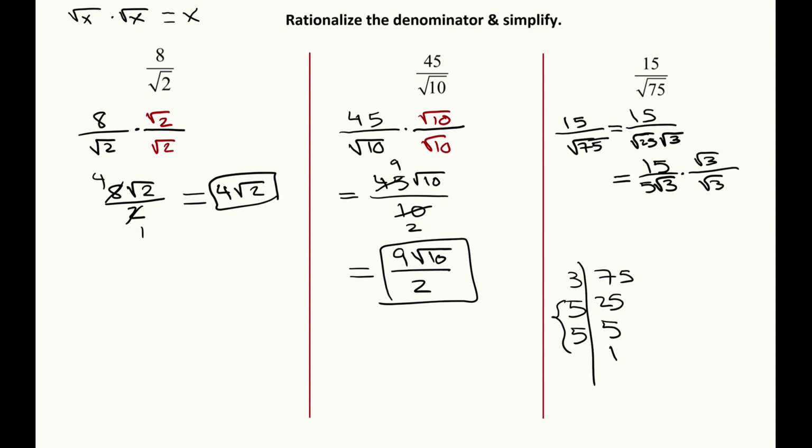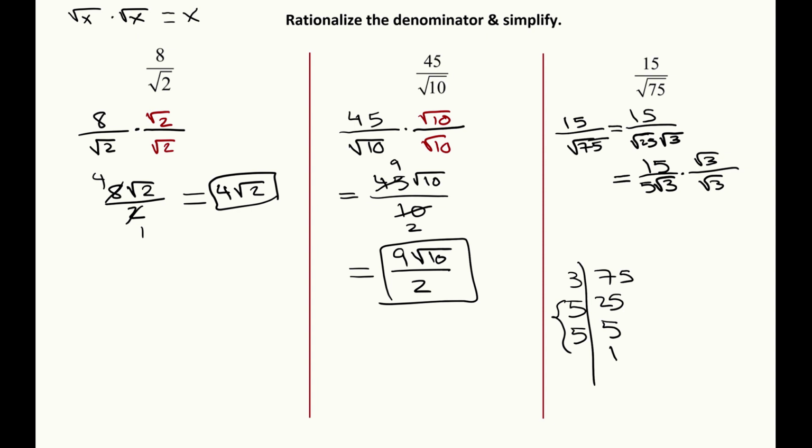Notice it wouldn't have been wrong if you multiplied top and bottom by the square root of 75. It's just that you would need to deal with larger numbers, and then at the end you would have to simplify that anyway. So it's better always to simplify first and deal with smaller numbers rather than wait and do it at the end. So just so you know, it would have been okay to do that.